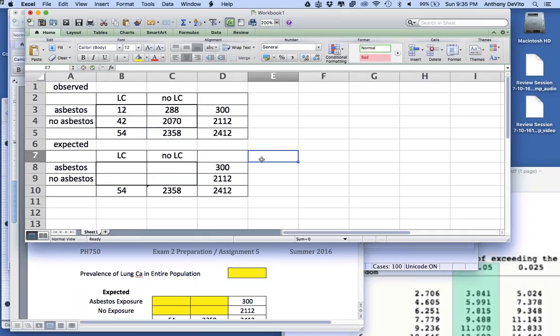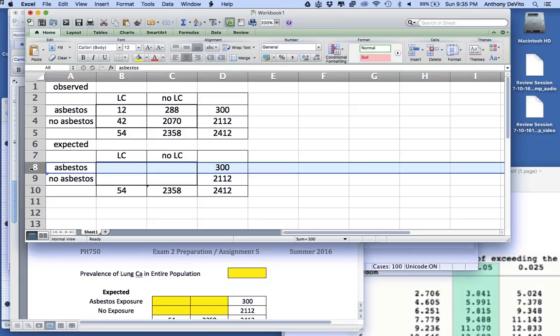Now how are we going to find out our expected values? Our presumption when we look at our expected values is that there's no difference between the rate at which people who were exposed to asbestos got lung cancer and people not exposed to asbestos got lung cancer.